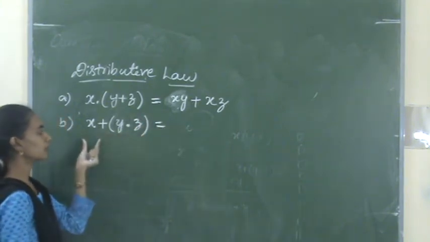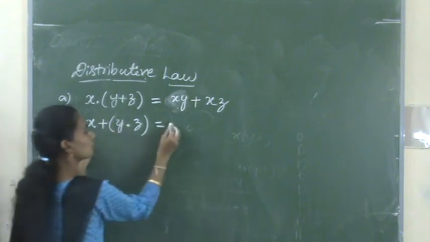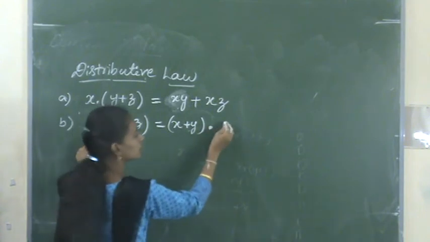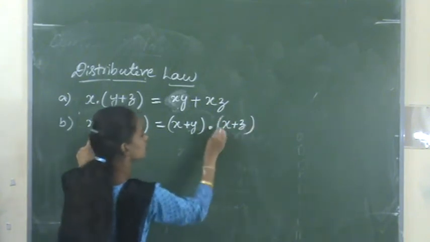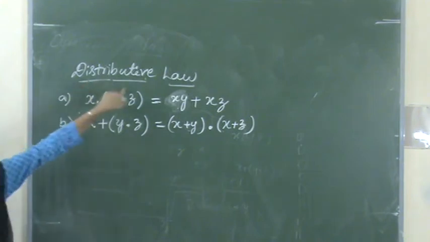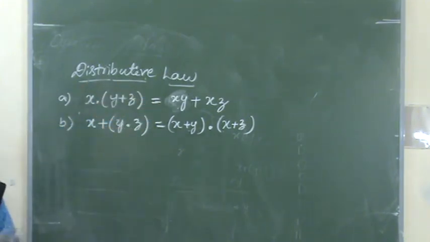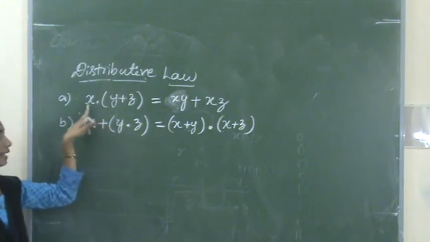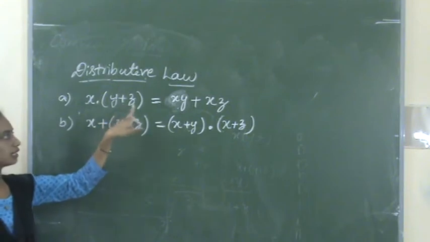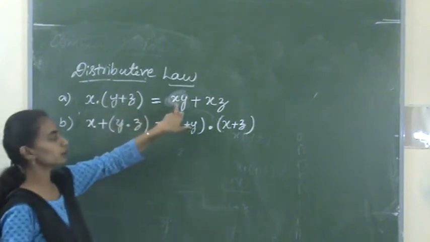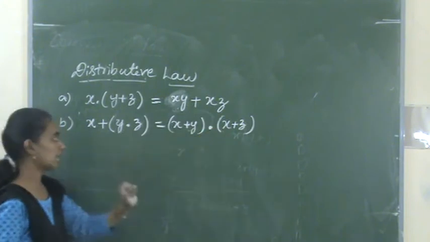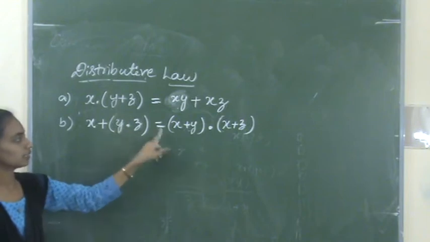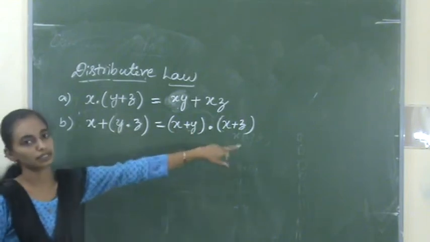So the result will be the same: x plus yz is equal to x plus y into x plus z. So this is the distributive law. So what is the statement of the distributive law? The distributive law means x into (y plus z) is equal to xy plus xz, and x plus yz is equal to (x plus y) into (x plus z).